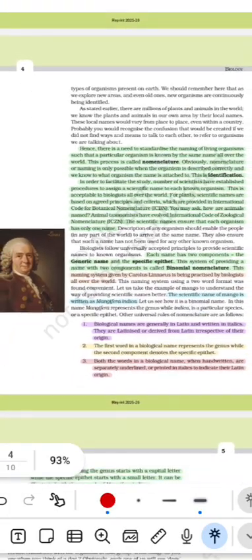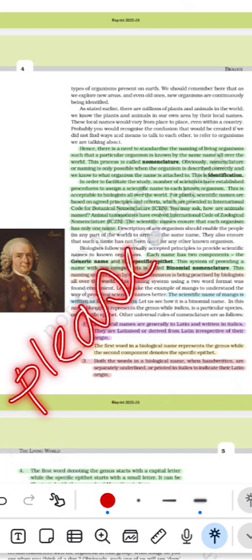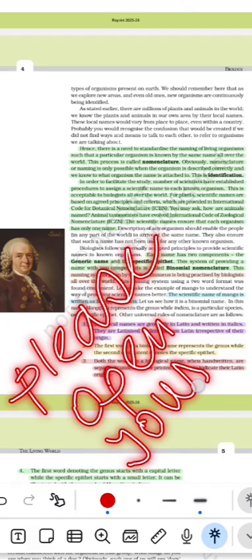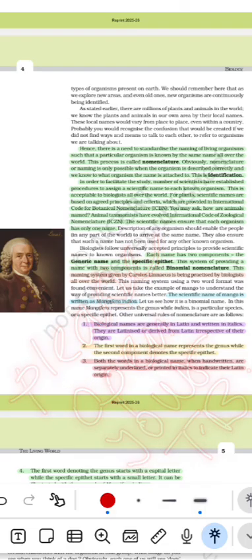One more thing. Please open your textbook, where I have underlined and highlighted the points which are important. Please open your textbook for a better experience.